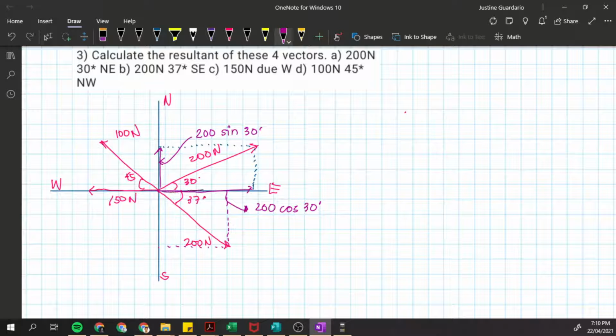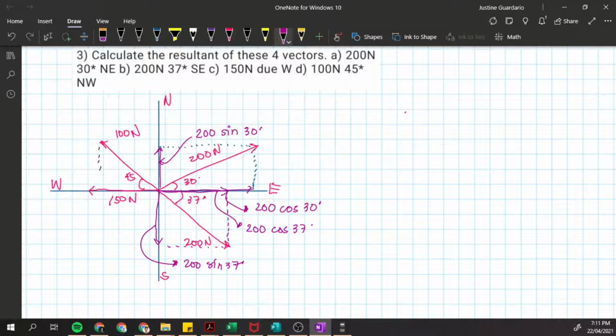So, kung gagawa ulit ako ng another vector dito, magkapatong na vector na, this vector is equal to 200 cosine 37 degrees. Kasi itong vector na to, sa kanyang y, kapag niresolve natin siya sa y, we have here 200 sine 37 degrees.